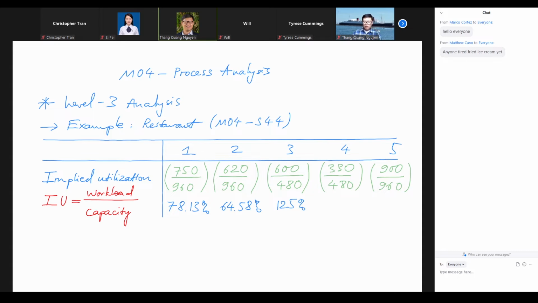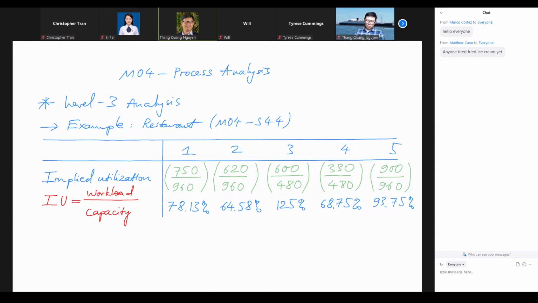So it means that at 3, we do not have enough capacity to handle the demand. And then at station 4, we would have 68.75%. And then at 5, we have 93.75%.